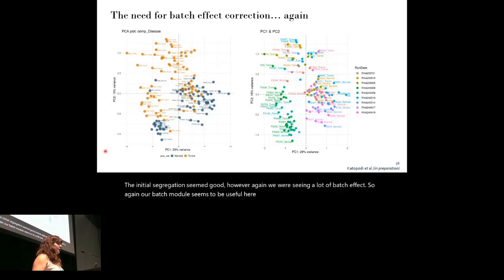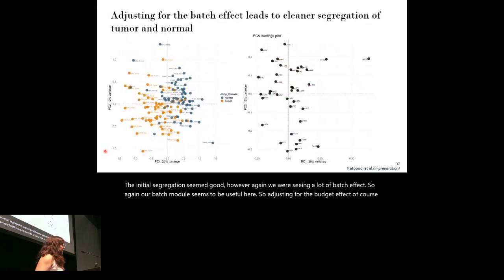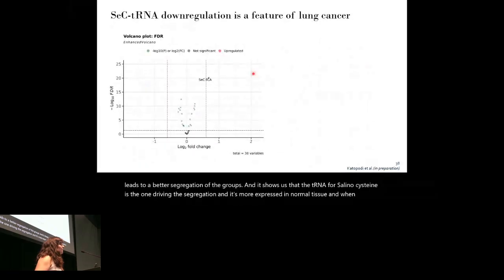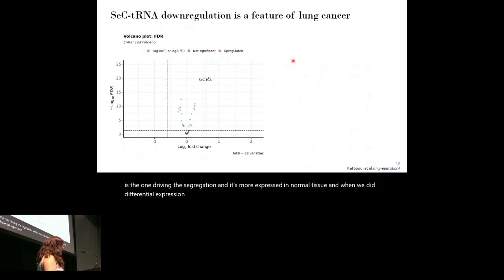So adjusting for the batch effect, of course, leads to a better segregation of the groups, and it shows us that the tRNA for selenocysteine is the one driving the segregation, and it's more expressed in normal tissue. And when we did differential expression analysis, we actually caught this tRNA as differentially upregulated in the normal tissue.